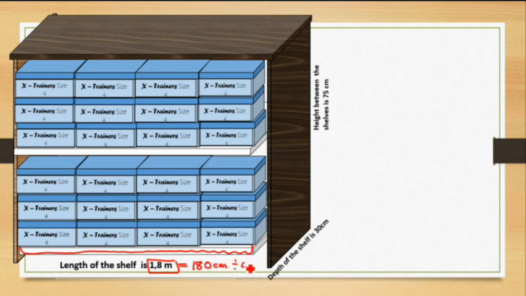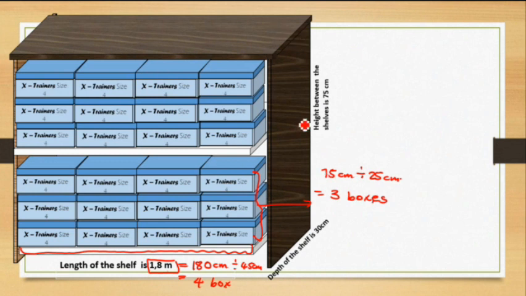We just needed to divide by 45 centimeters, and then we got our answer as 4 boxes for the length. Then for this height here, we basically just said, okay, that is 75 centimeters divided by the 25 centimeters, which was the height of the box, which we got 3 boxes really.